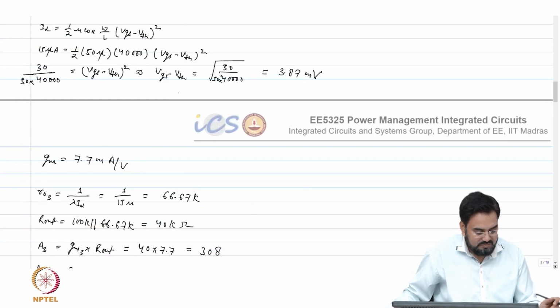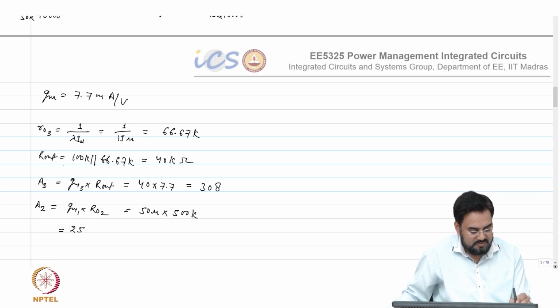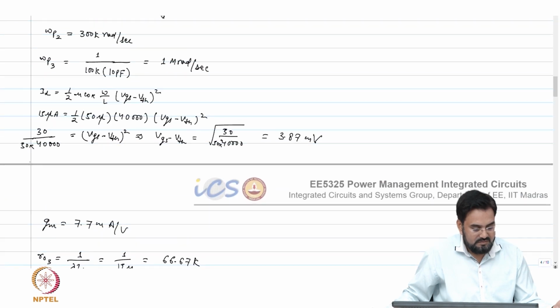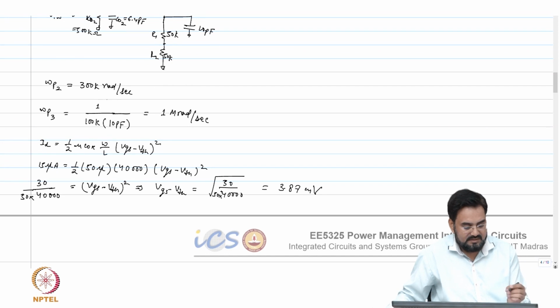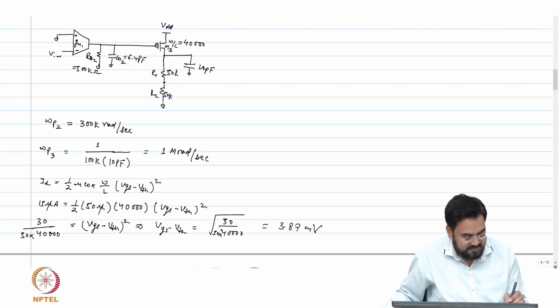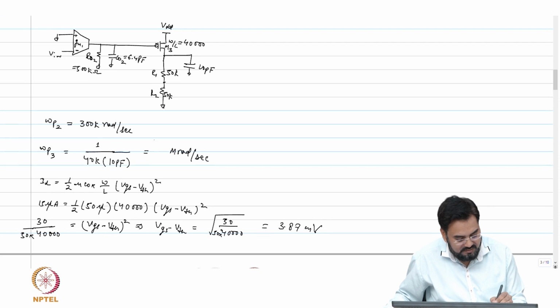So in the calculation of omega P3 also we should take 40K. Yeah, we have to take 40K, correct. But there we took 100K. Oh, you are saying this one. Yeah, correct. So this should be 40K. So it will be 2.5 mega radian, correct?